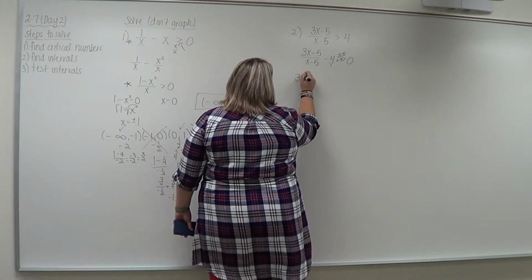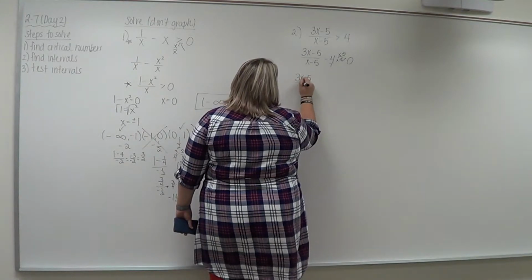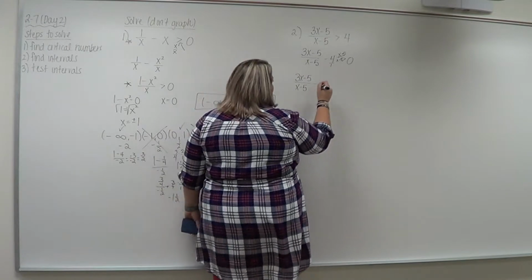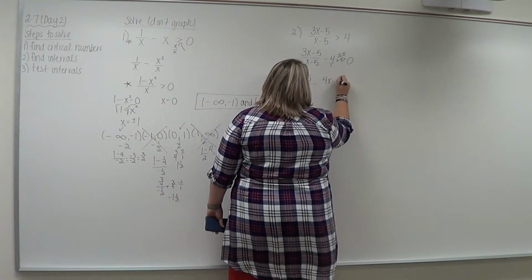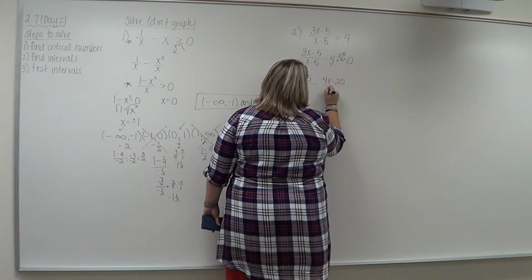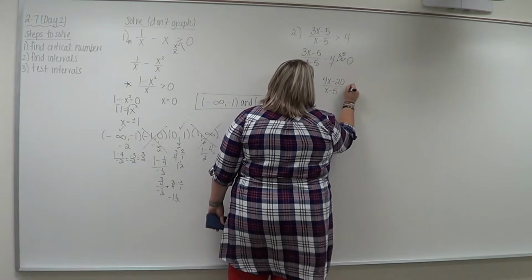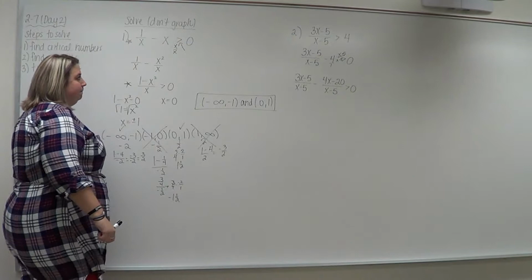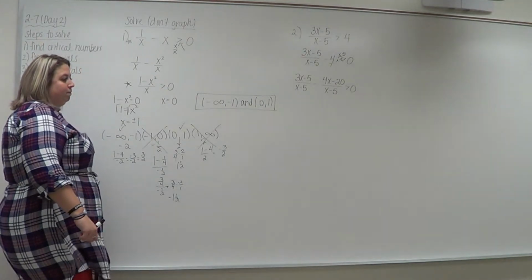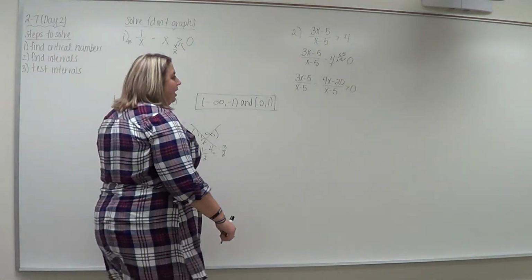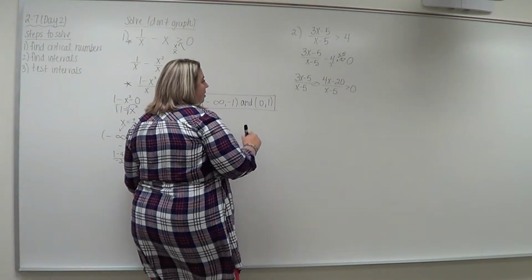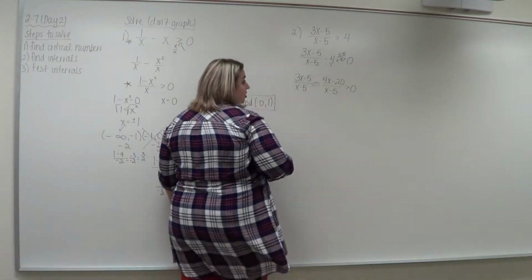So I have 3x minus 5 over x minus 5 minus 4x minus 20 over x minus 5. When you're combining, pay attention to the minus sign, because that minus sign is going to go to both of those.